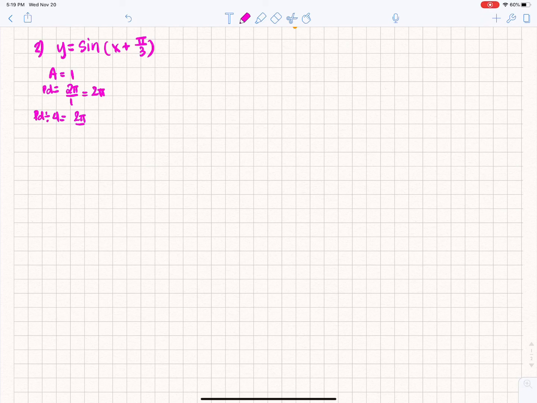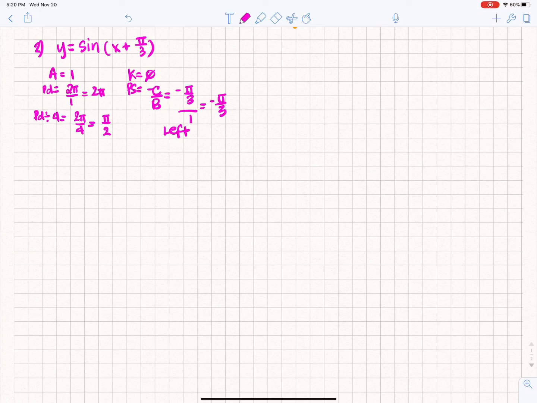So 2 pi divided by 4, pi over 2. K, we don't have. Phase shift, negative c over b is the formula. Negative c is negative pi over 3, over b is 1, which is just negative pi over 3. Since it's negative, we're going to shift to the left.